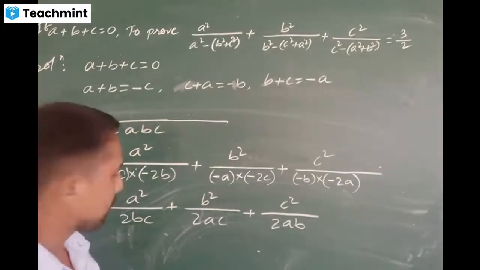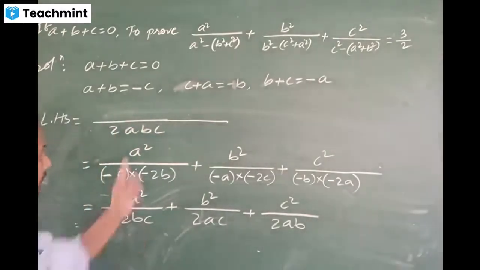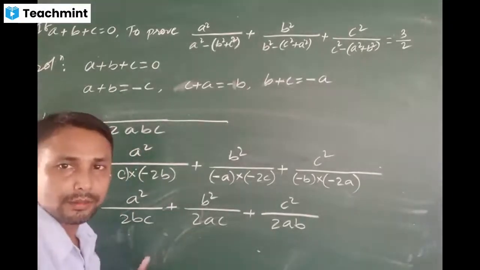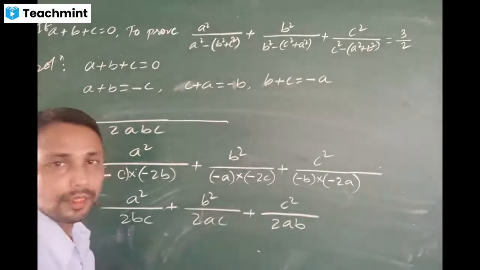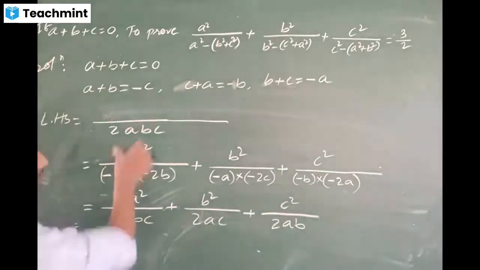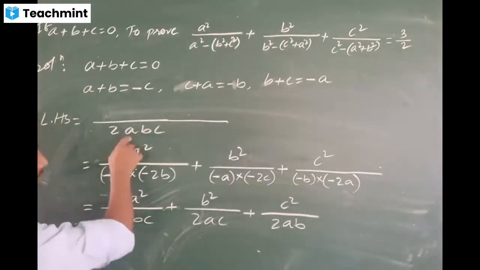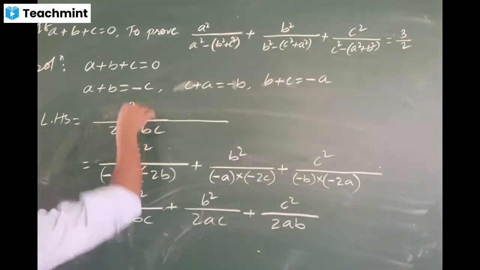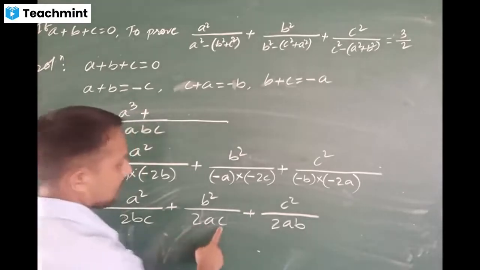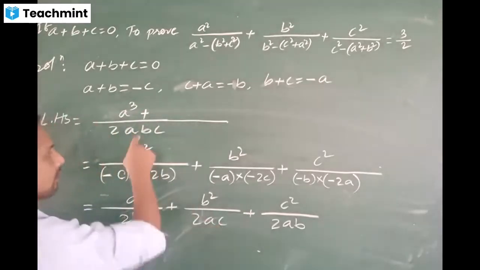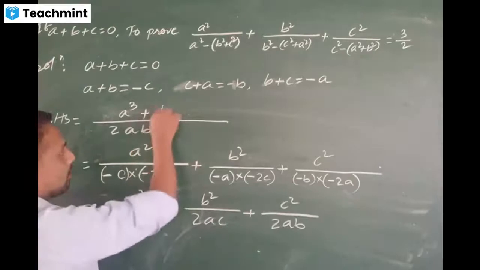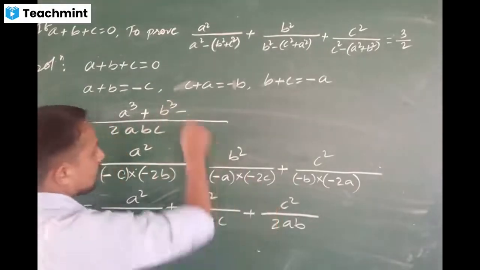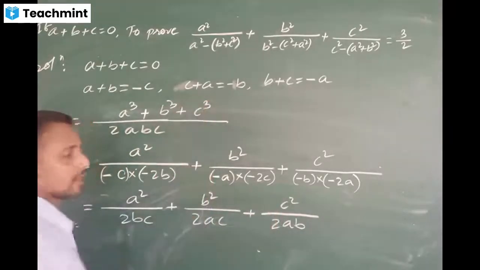Okay, twice abc is the LCM of all these terms, the denominators of each fractional term. Now this divides this one: a times a square is a cube, plus this one twice ac, it will divide b times b square, sorry, b cube. Similarly, at the last we will get c cube.